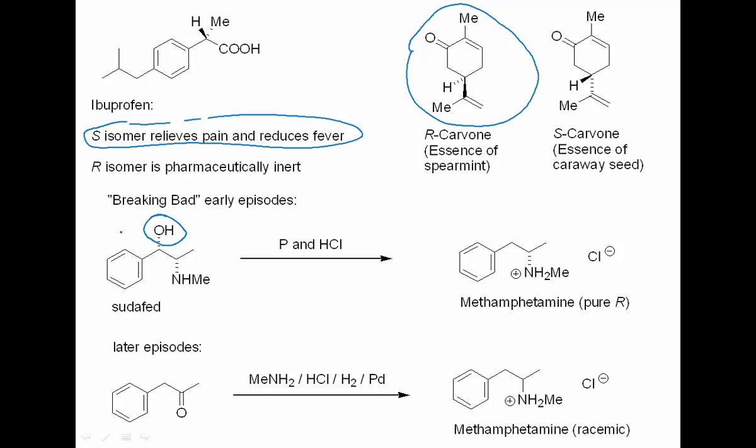And because Sudafed is a naturally derived compound, it exists as a single enantiomer. And when all you do is you just knock out that OH group, your methamphetamine is going to be the pure R enantiomer.